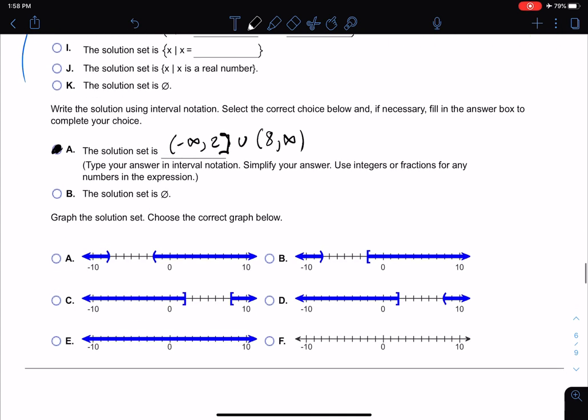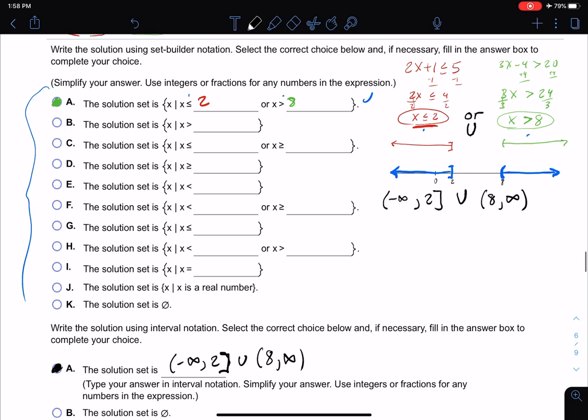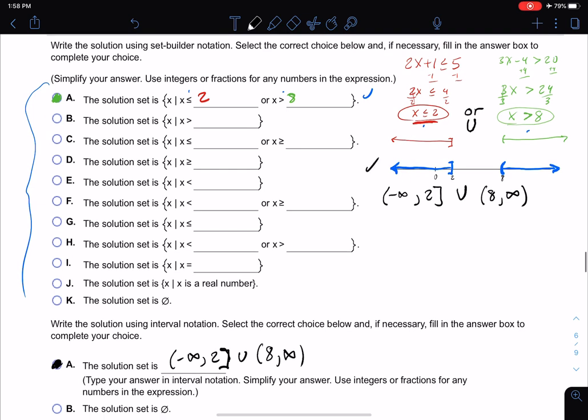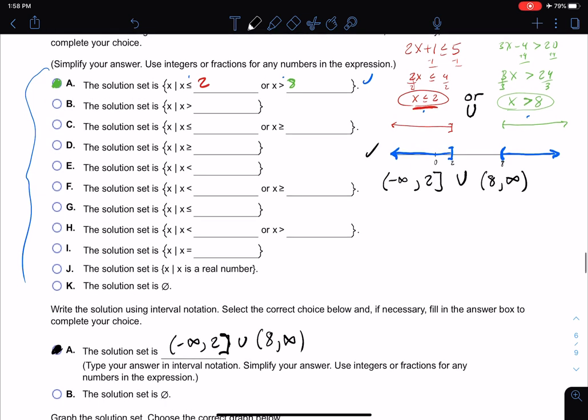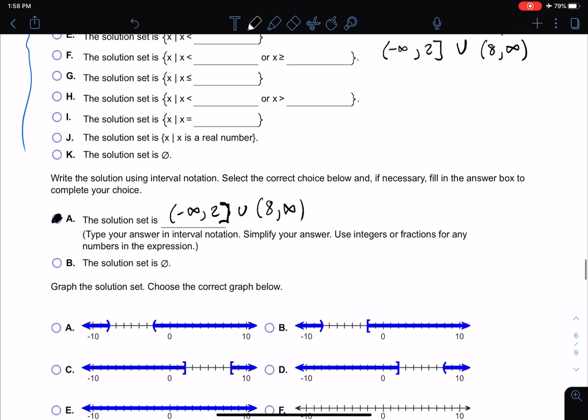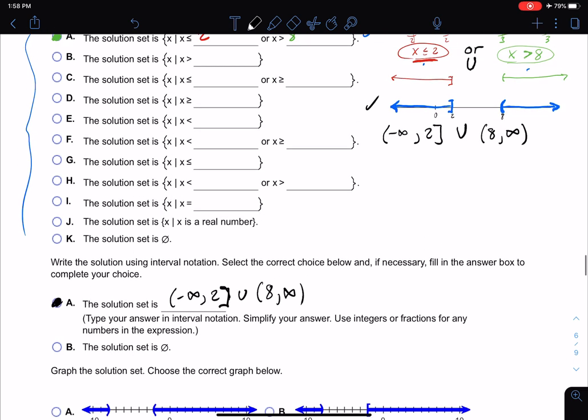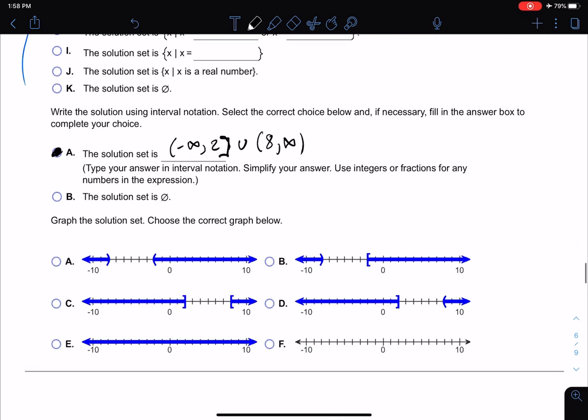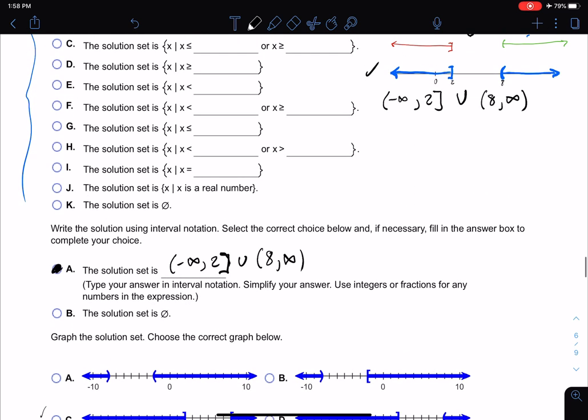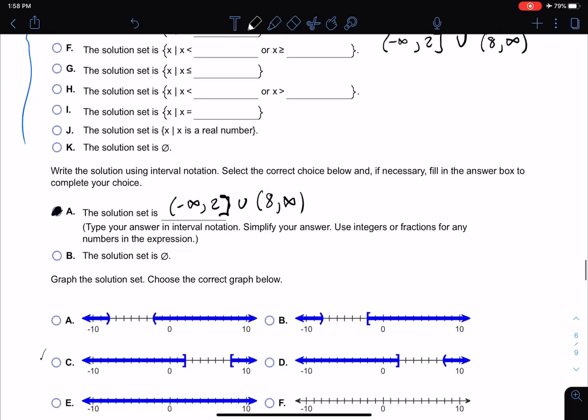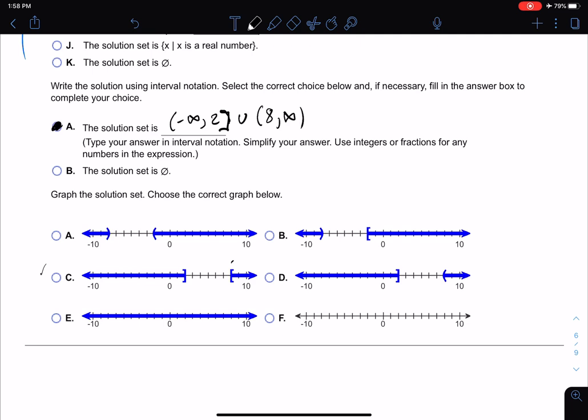Next, graph. Well, I have the graph right here. You can see it right there, and it's 2 inclusive, and then we've got to use 8. C was looking pretty good, but the problem with C is that this has to be open, and with C it's closed, so that doesn't work.